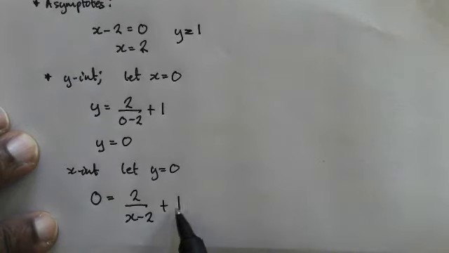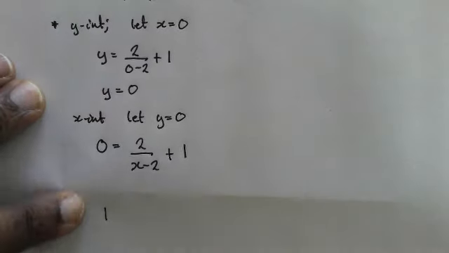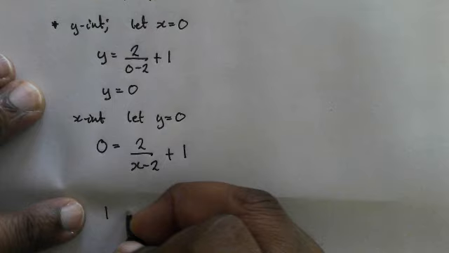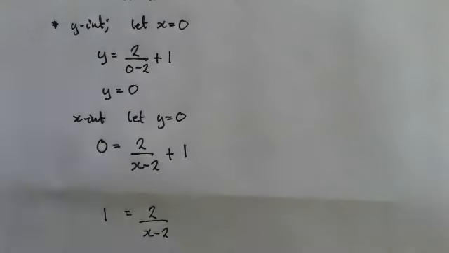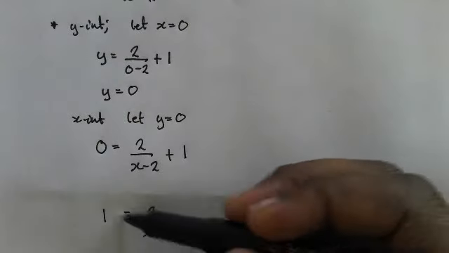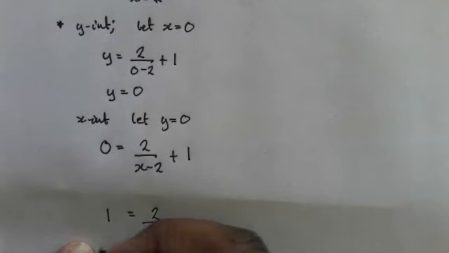If we take the 1 over, it's going to be positive 1 equal to 2 over x minus 2. Now, usually if you're solving something that is in the denominator, it would be better for you to just switch these around. So x minus 2 is equal to 2 over 1.